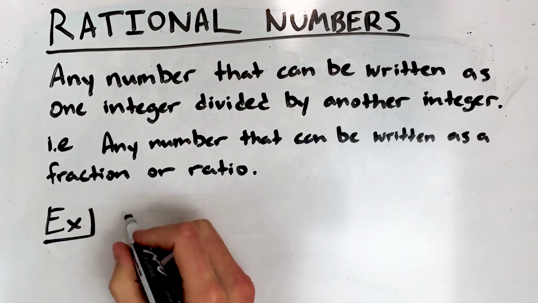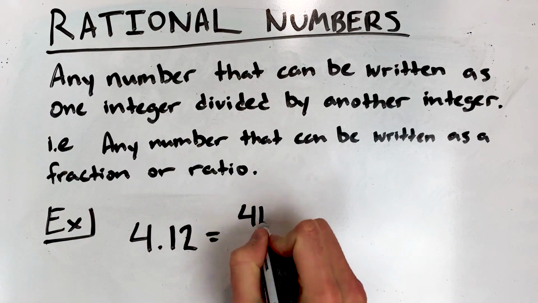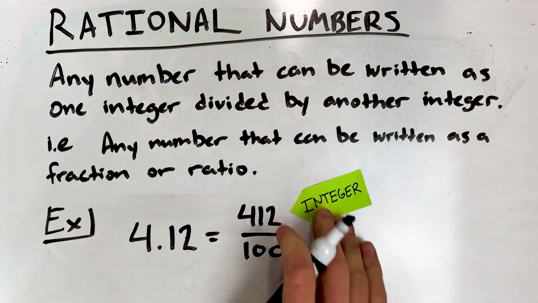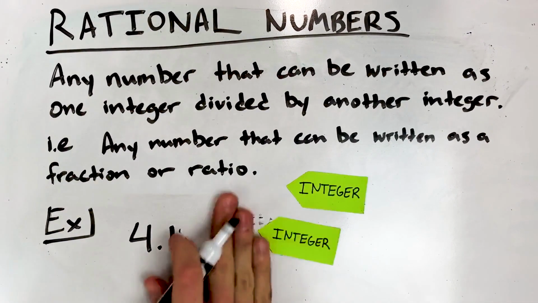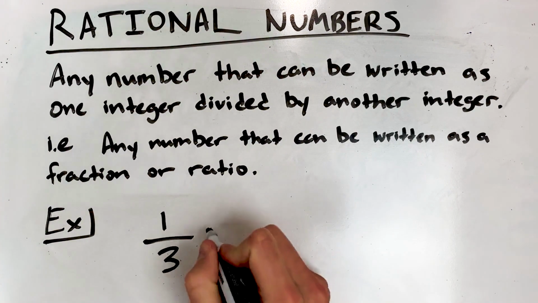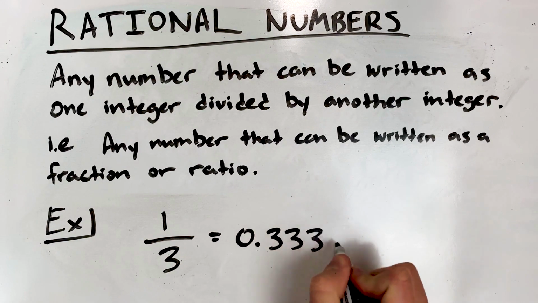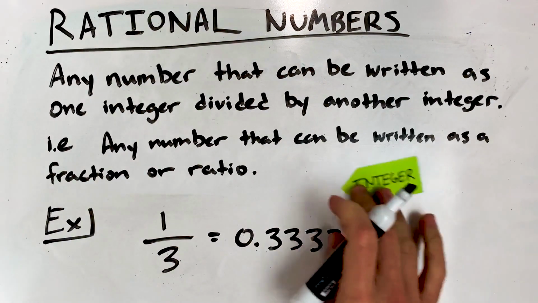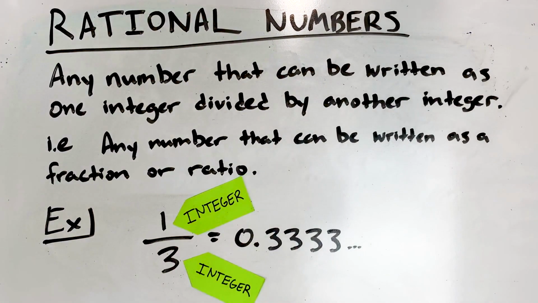Another example is 4.12, which is 412 divided by 100 in fractional notation. We also have 1/3, which in decimal notation is 0.33333333 repeating. Once again, because 1 and 3 are integers, 0.33333 repeating, which equals 1/3, is a rational number.